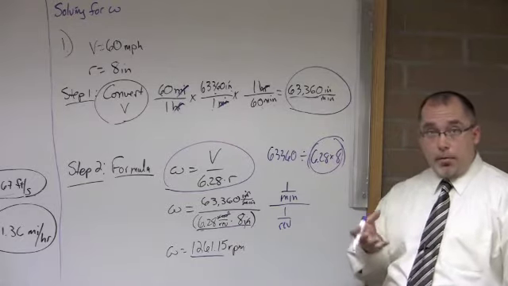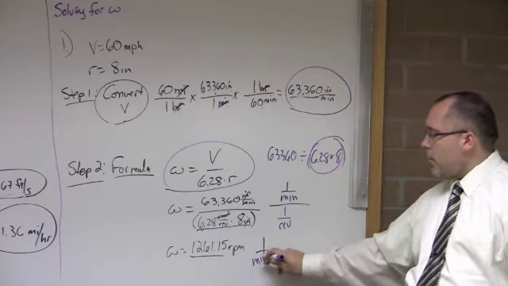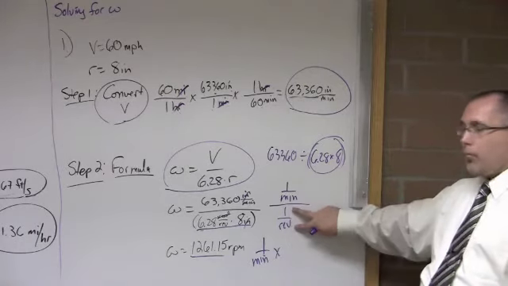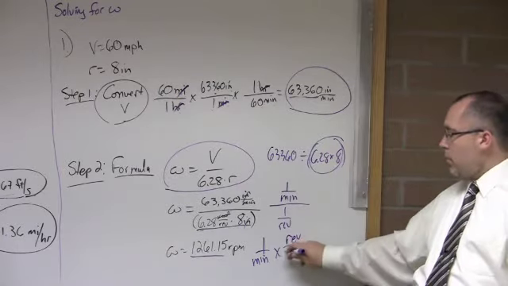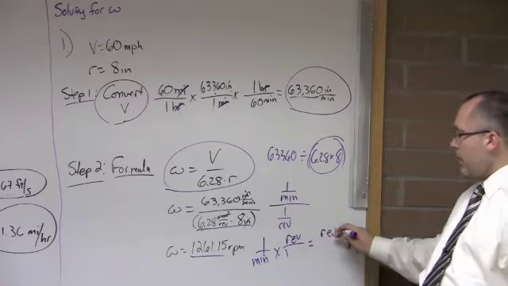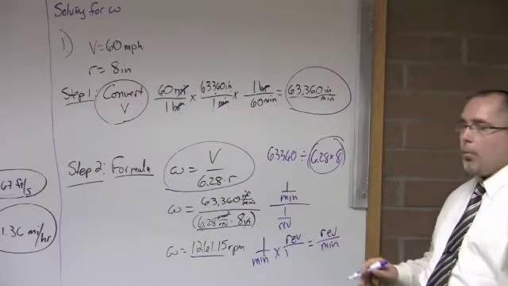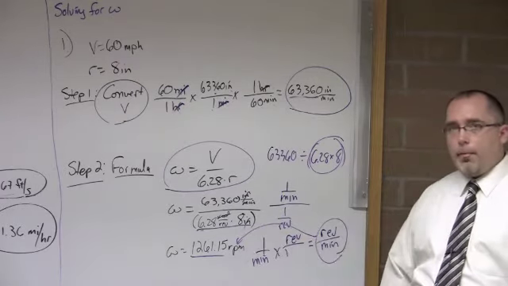You multiply by the reciprocal of the second fraction. So that's 1 over minutes times, what's the reciprocal of 1 over revs? Revs over 1. So when you do that, you end up with revs per minute. So that's how this unit gets to be there.